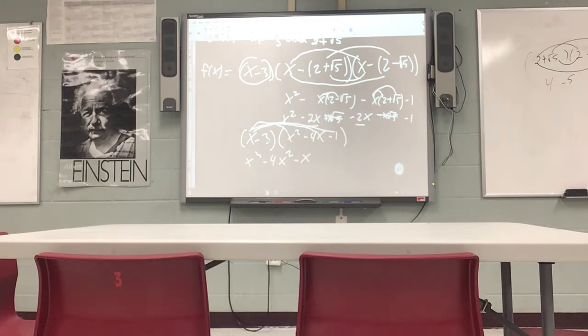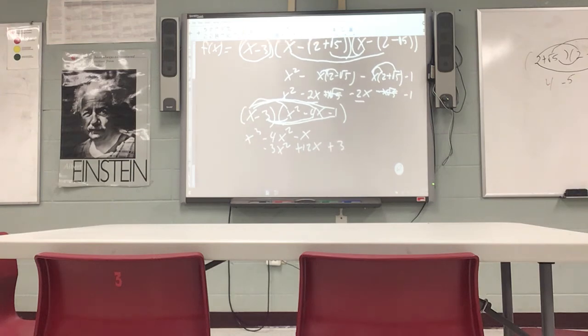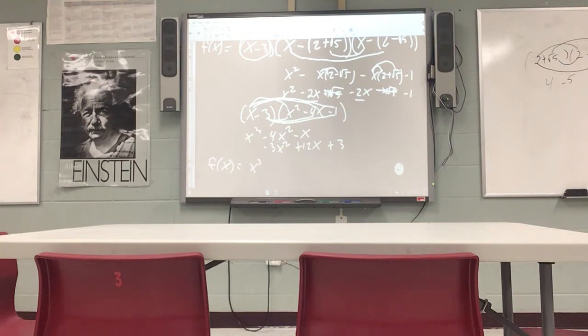Now I'm gonna do my negative 3, so that's negative 3x squared plus 12x plus 3. Combine those like terms and you're there. f of x is equal to x cubed minus 7x squared plus 11x plus 3. Bada bing, bada boom.